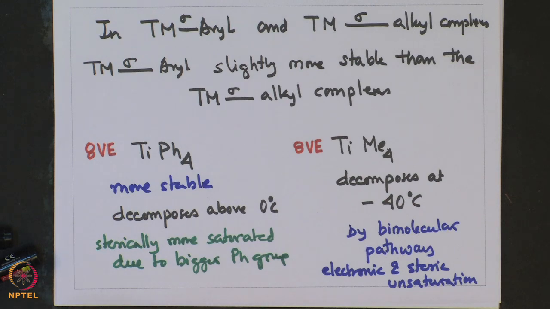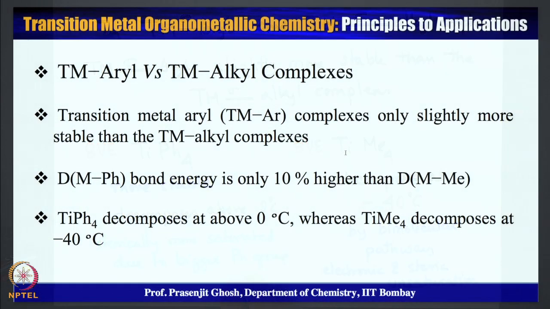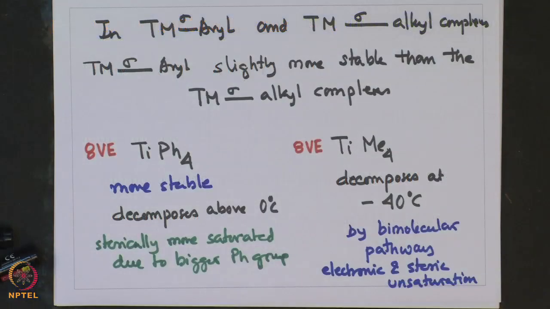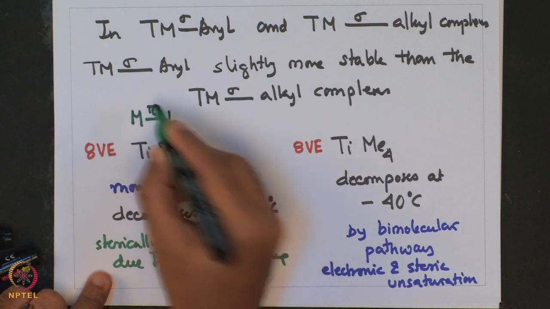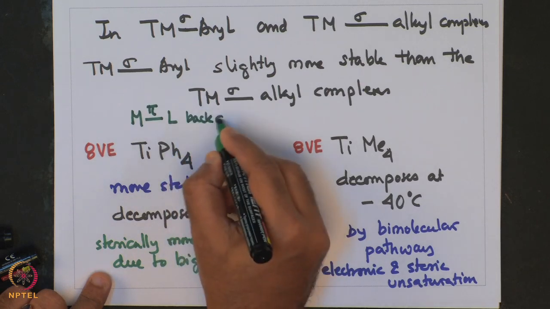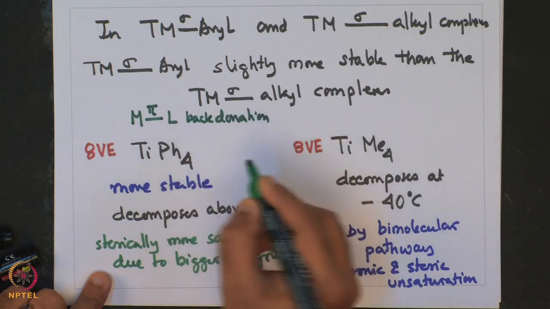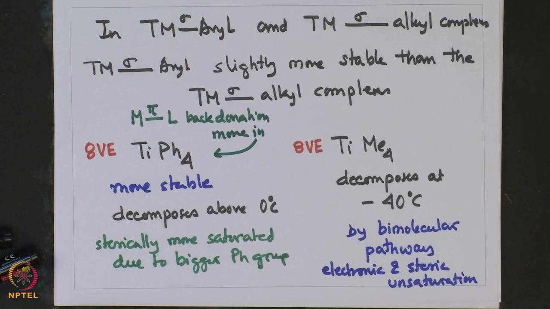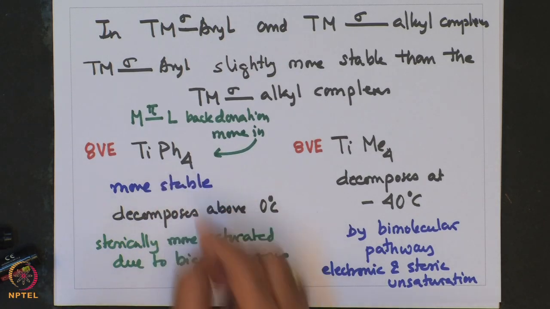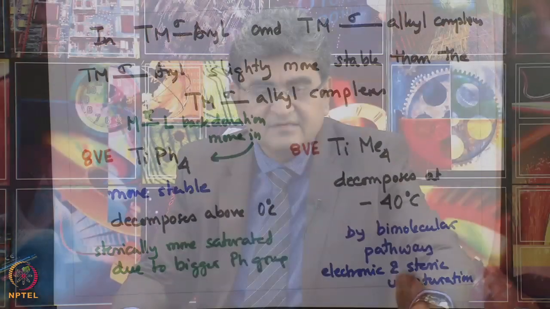The second reason for extra stability, apart from the steric one, can also be metal to ligand pi back donation, which is more in titanium tetraphenyl than in titanium tetramethyl. So, metal to ligand pi back donation is more in this, which leads to the extra stability of the titanium tetraphenyl complex.